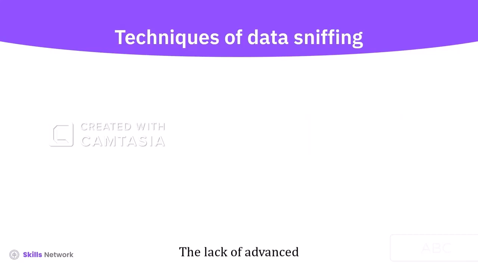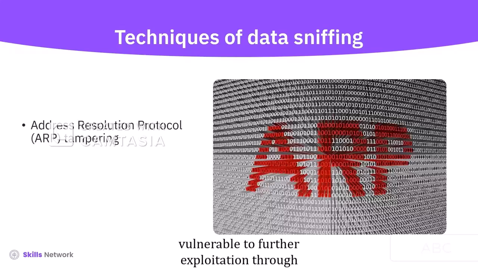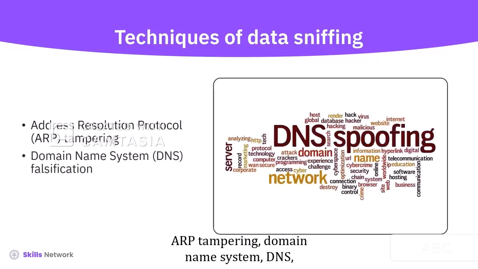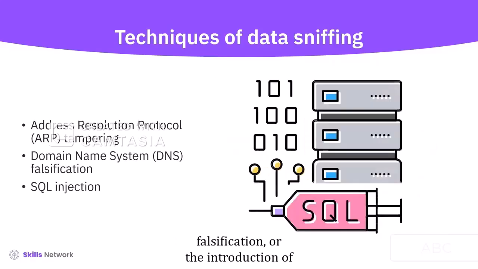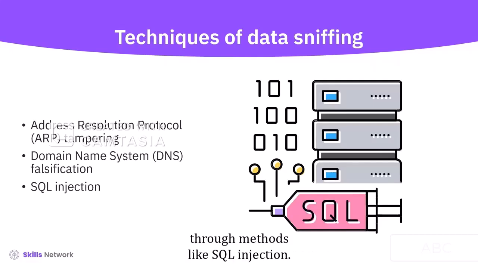The lack of advanced cybersecurity measures leaves networks vulnerable to further exploitation through techniques like Address Resolution Protocol, ARP tampering, Domain Name System, DNS falsification, or the introduction of harmful code into data streams through methods like SQL injection.